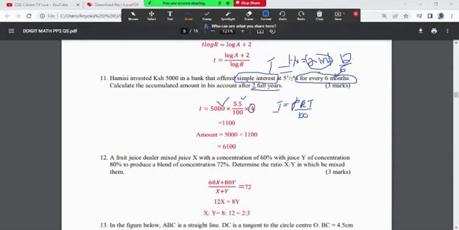And this gives us the interest of 1,100. So the amount accumulated in the 2 years will be 5,000, which is the principal, plus the interest for the 2 years, which gives us 6,100 shillings.